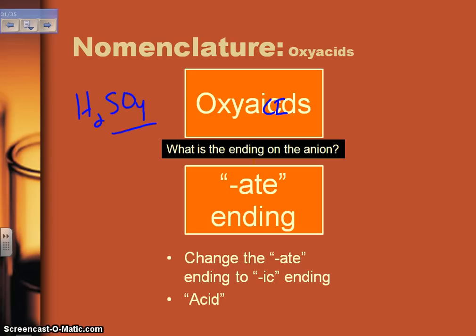I'm going to just take the ate ending and make it an ic and add the word acid. So for sulfate, it's going to be sulfuric acid. If I had chlorate, this would be chloric acid.